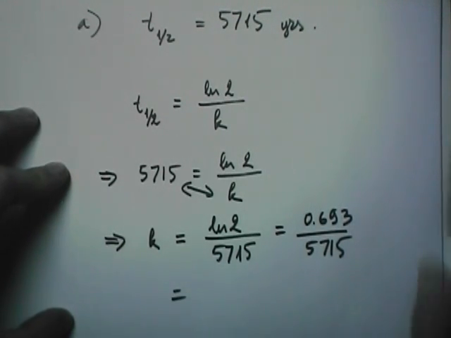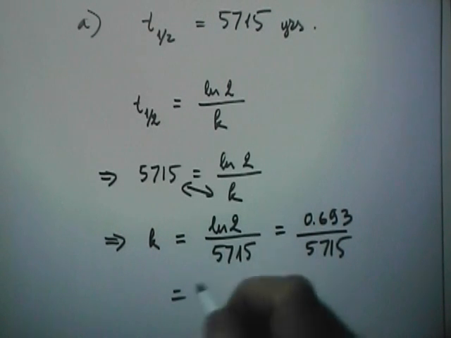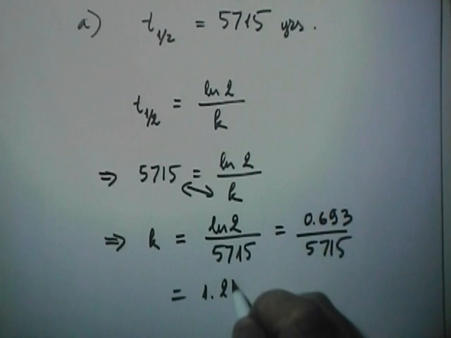So now my calculation is going to show 0.693 divided by 5,715. Okay? So the number here is 1.21 times 10 to the minus 4.